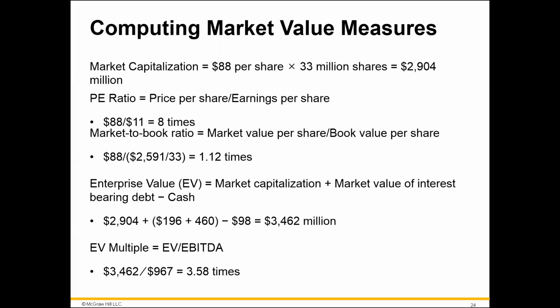But you need to be cautious in interpreting this ratio, because if a firm has very small earnings, it can have a higher P/E ratio. So you need to be very careful to check the components of the P/E ratio, and check whether the earnings per share is extremely low or not.